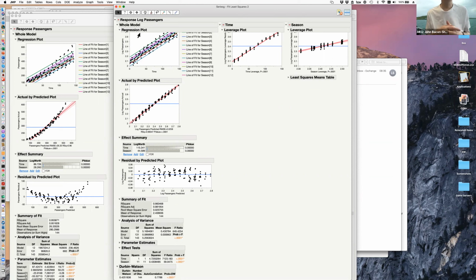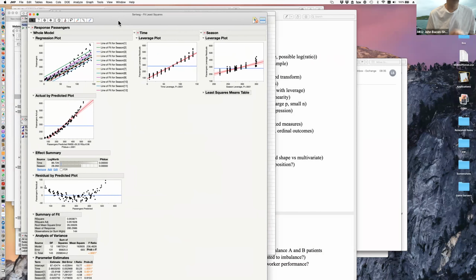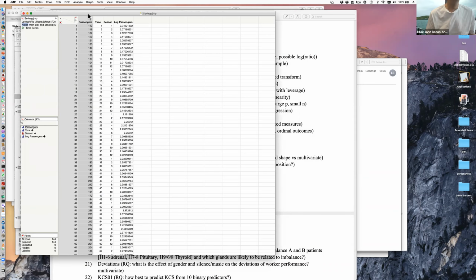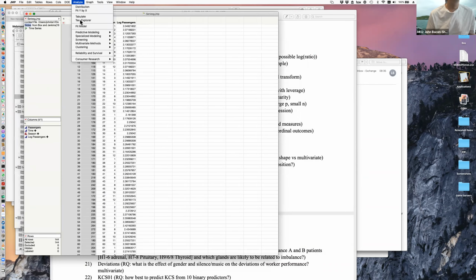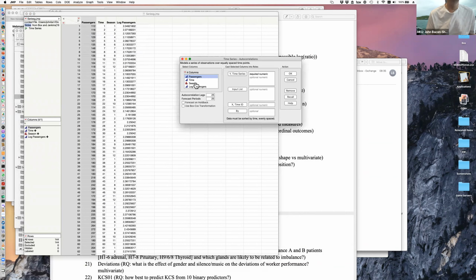So that means we do need something more sophisticated in our model, right? We do need seasonality, that's clear. We do need a linear time effect, that's clear, but we still need to account for the fact that the errors are correlated.